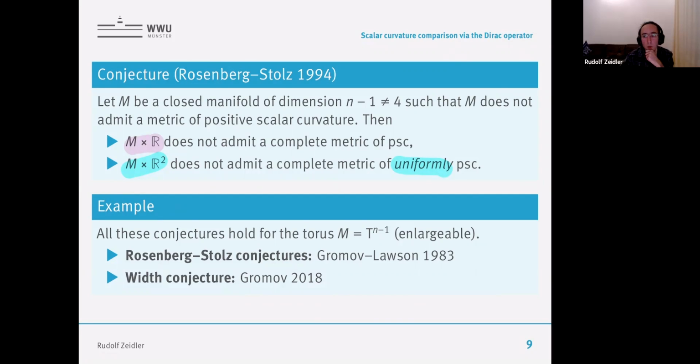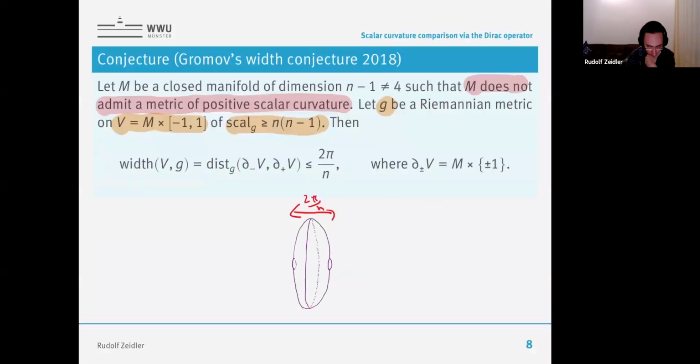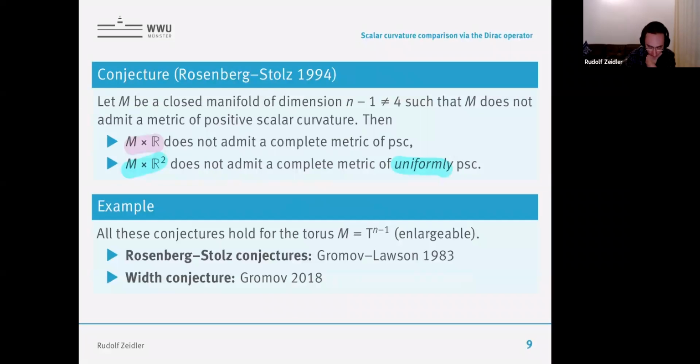Let's see what we can do further. Of course, in order to test these conjectures, we need to find manifolds which do not admit positive scalar curvature. So I should say a little bit about how to get such manifolds in the first place.